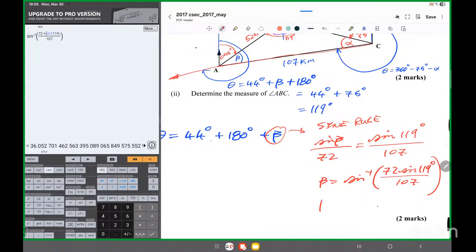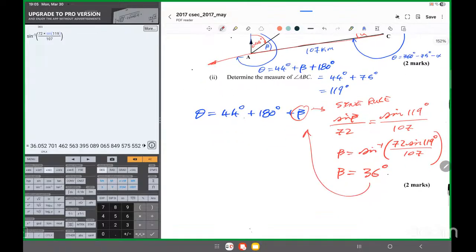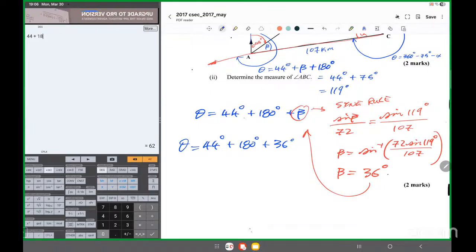So beta is 36 degrees. Back up here, theta would be 44 plus 180 plus 36, so you get the same 260 degrees.